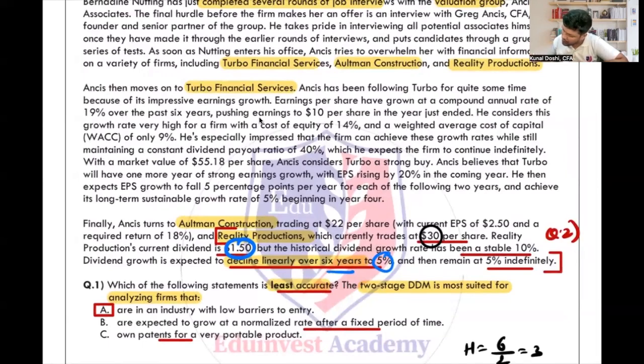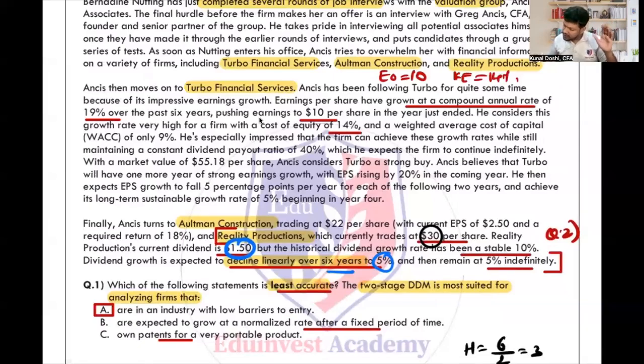So this is the information of Turbo. Impressive earnings growth. Earnings per share have grown at a compounded rate of 19% over the 6 years, pushing earnings to 10 in the year just ended. So I have current year earnings as 10. He considers the growth rate very high for a firm's cost of equity of 14%. So I have cost of equity of 14%. I don't require weighted average cost when I'm valuing the cost of equity.